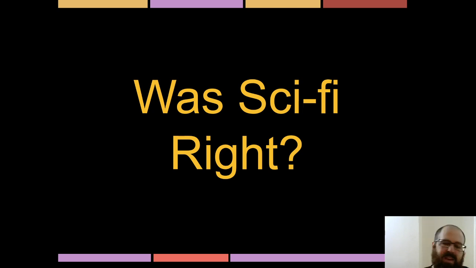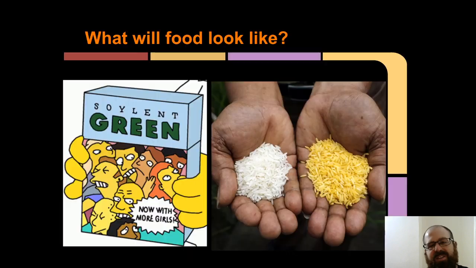So now we've had a look at these technologies. Let's ask ourselves: we've seen food change in our real world. Was sci-fi right? So if you look at dystopian food, it looks less like Soylent Green and more like golden rice. Golden rice is what's here on the right. What happens is, in lots of the third world, in lots of poor countries, the only thing available to the poor population is rice. And we aren't fixing that.